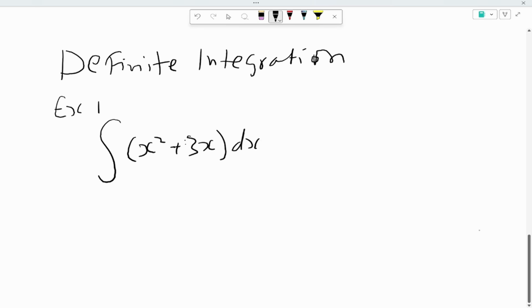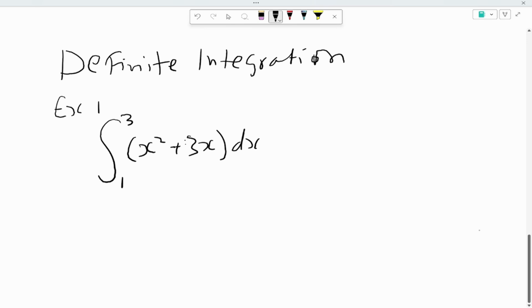If you are given a function like this to integrate, like I said, the first assumption is that this is going to be an indefinite approach. What makes it a definite approach is when an upper and lower limit is introduced. For instance, 3 and 1. So with this, we are going to use the definite approach.